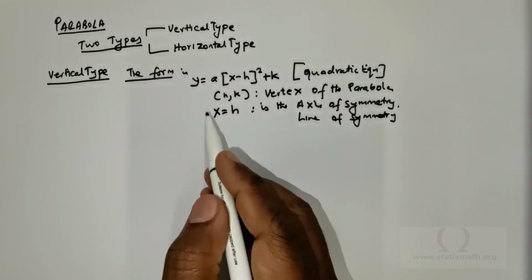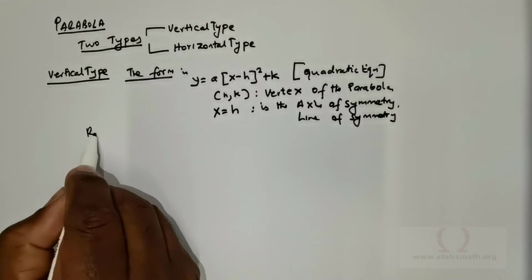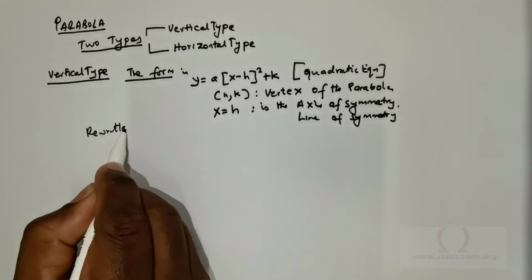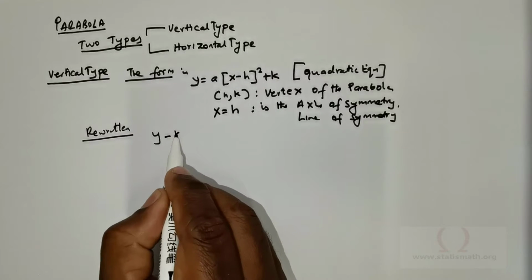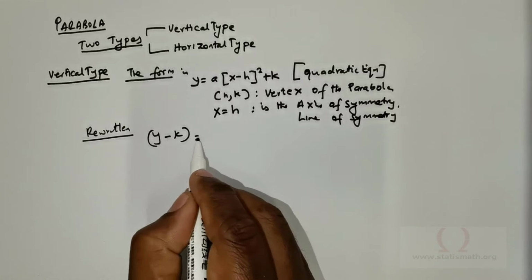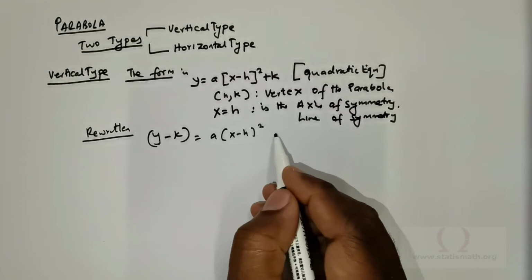Now, this parabola which you see here can also be rewritten in the form of moving the k this side: y negative k is equal to a times (x negative h) raised to the power 2.